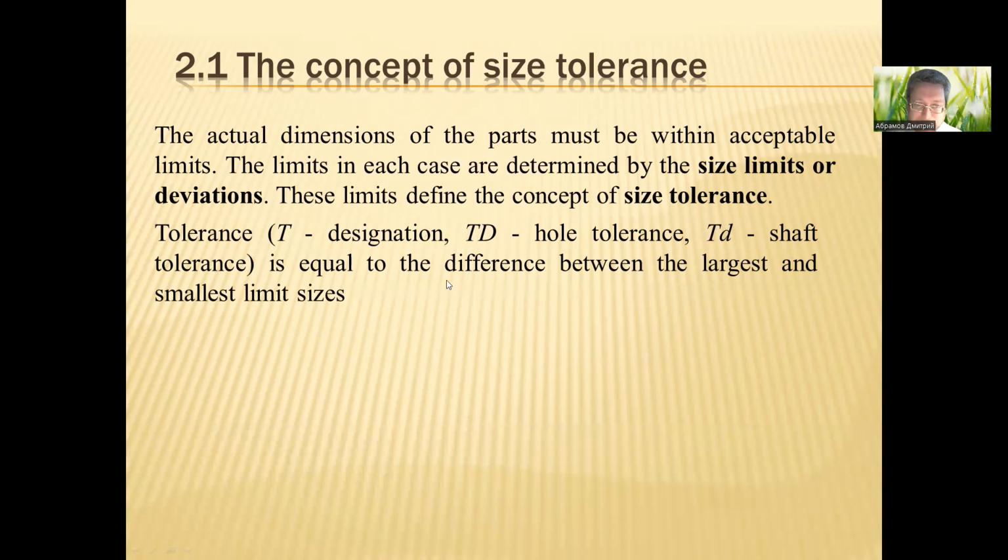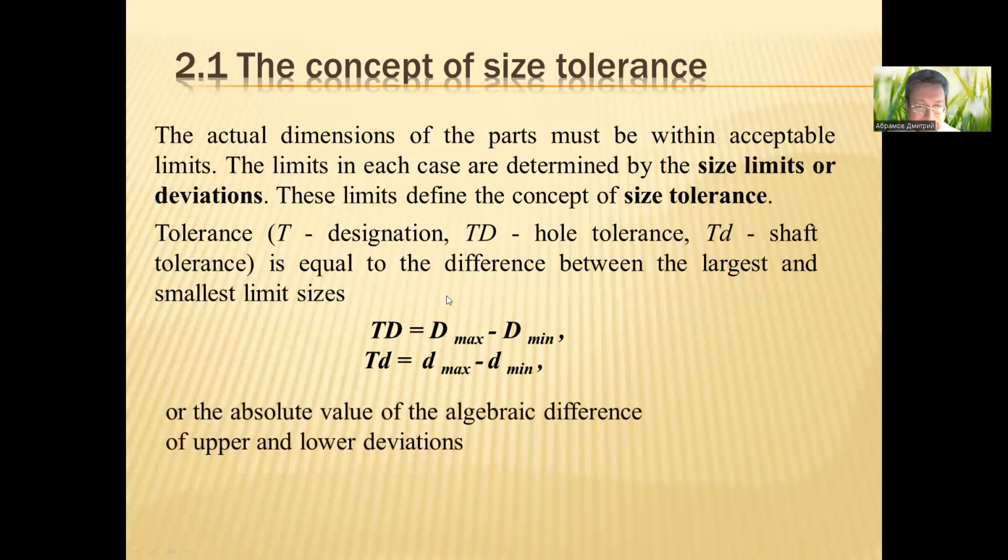Tolerance is equal to the difference between the largest and smallest limit sizes. So you can see the formulas to determine the tolerance field for the hole and for the shaft: the difference between the maximum diameter and minimum diameter of the hole, and the maximum diameter and minimum diameter of the shaft.